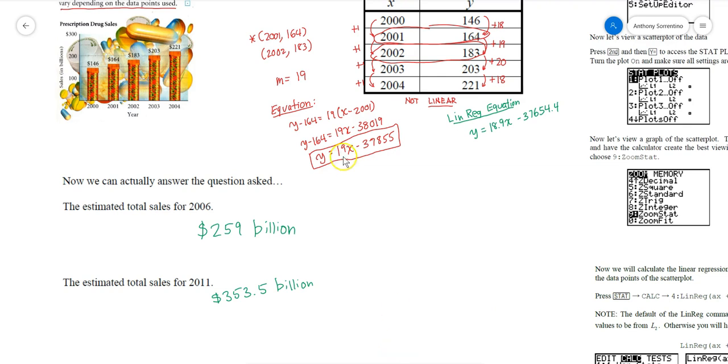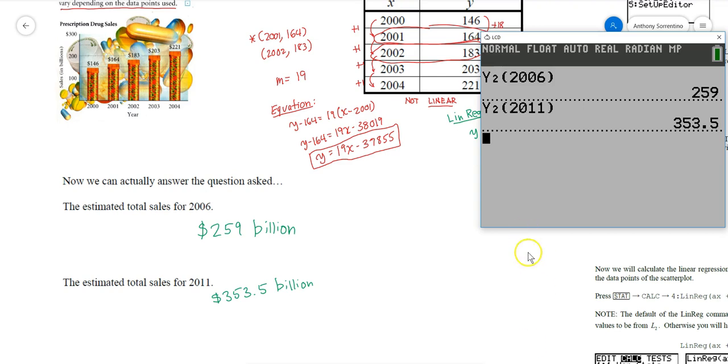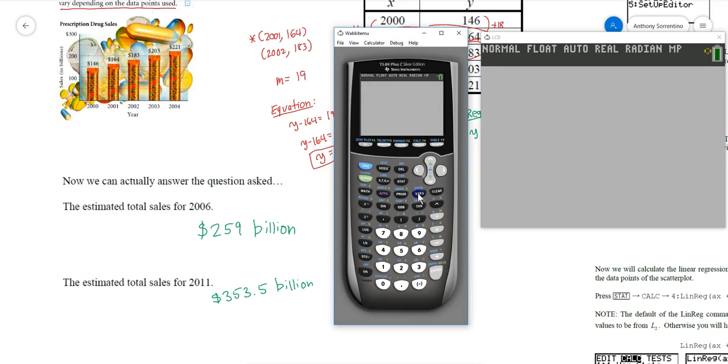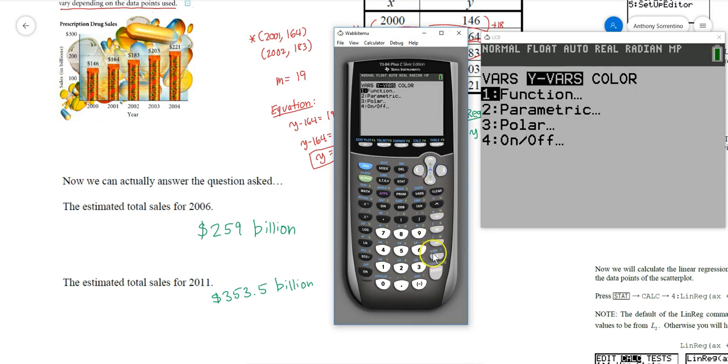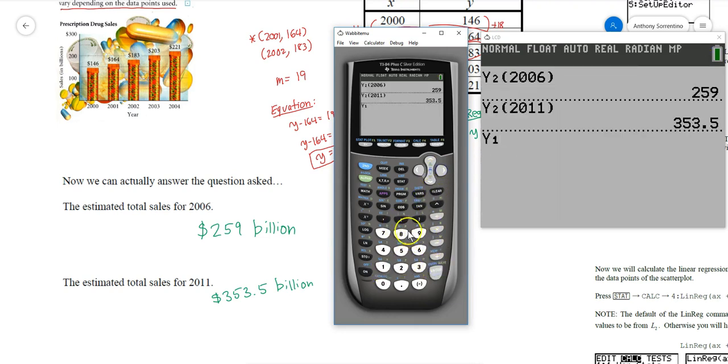Granted, I could have also used the first one I came up with, because it's not that far off again. I would notice some difference in these values. If I choose to do y1 instead, and I do 2006, it's 259. So you can see that part's not very far off.